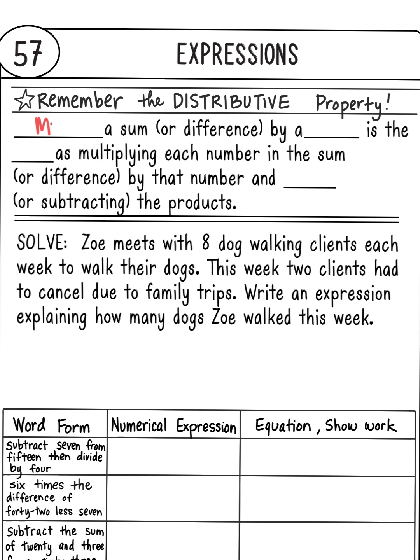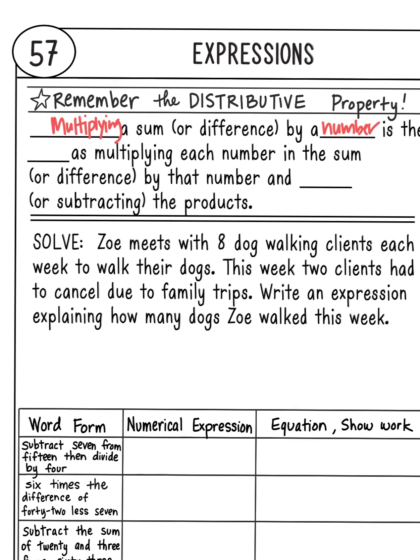So multiplying a sum or difference by a number is the same as multiplying each number in the sum or the difference, whatever's inside the parentheses, by that number, and then adding, or if you're subtracting, the products.